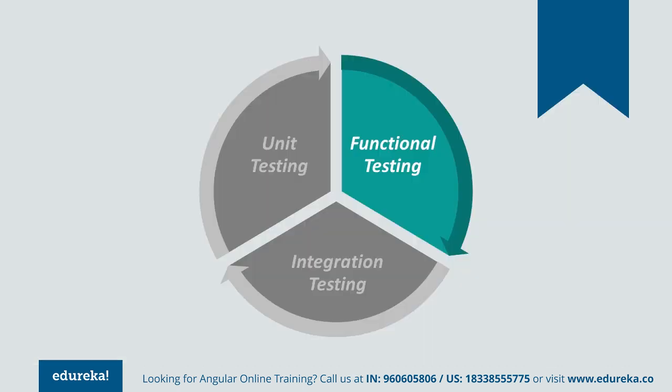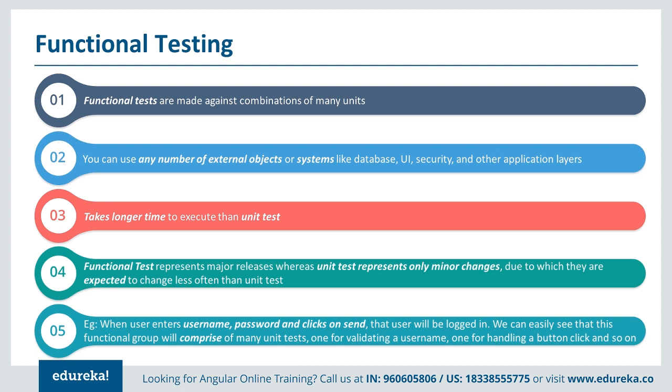Now functional testing, end-to-end testing. Functional tests are made against a combination of many units. It is application functionality testing: if you are developing a browser-based application like Gmail, it will be tested the way an end user accesses and tests your application.